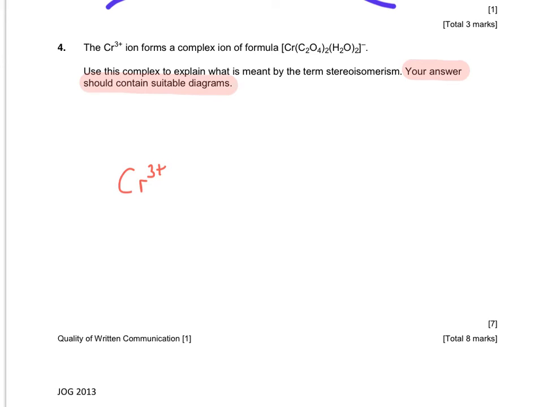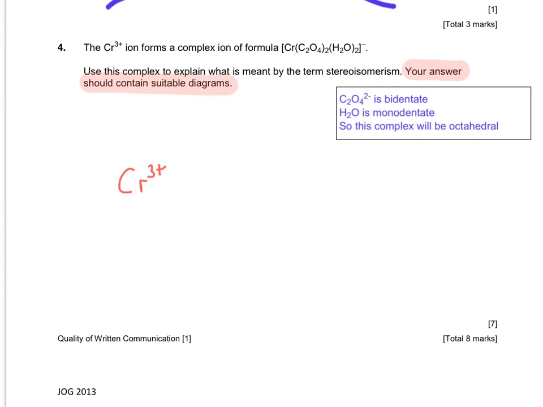Okay, let's now look at the ligands that we've got. So you've got the ethanedioate ion, which is bidentate, and you've got the water ligand, which is monodentate. So the first thing I do is I draw out the octahedral shape.